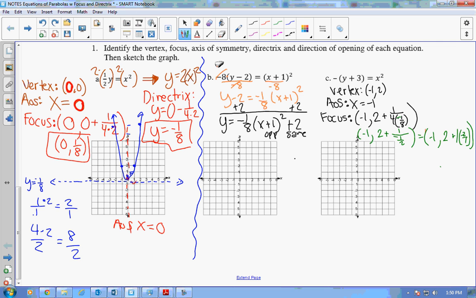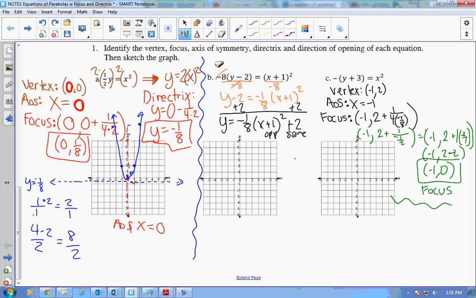I was like, this is going to be above. 2 minus 2 is 0. That's our focus. This says negative 2 over 1 because I flipped it. The last thing we need is the directrix, and then we can start graphing them.